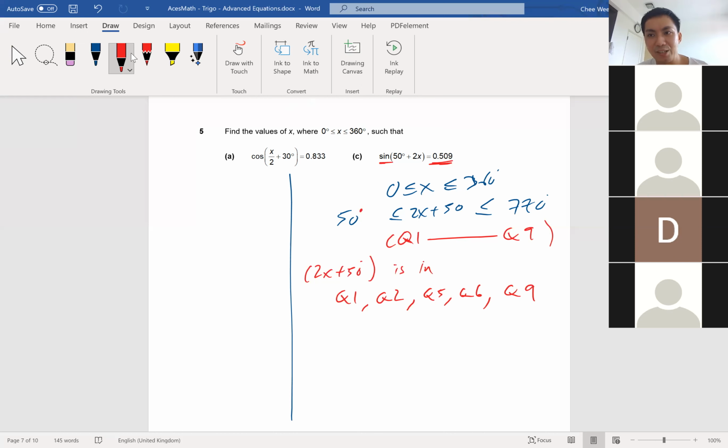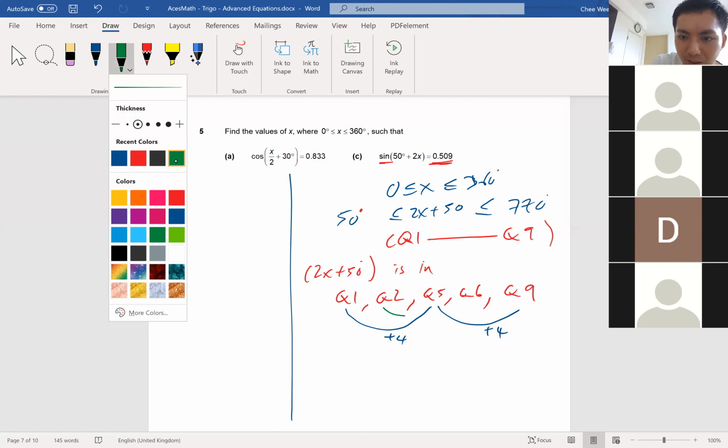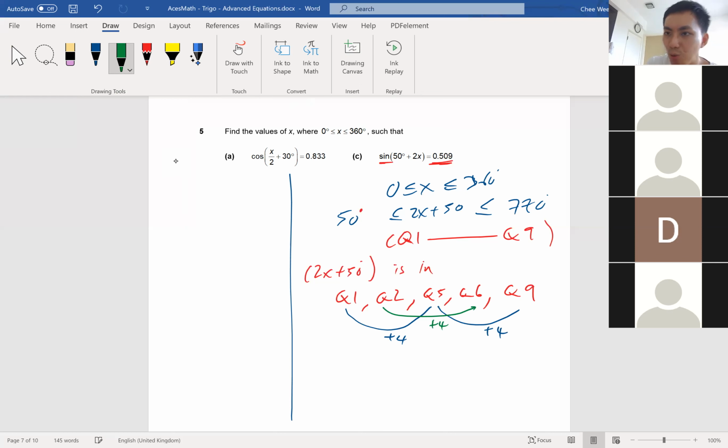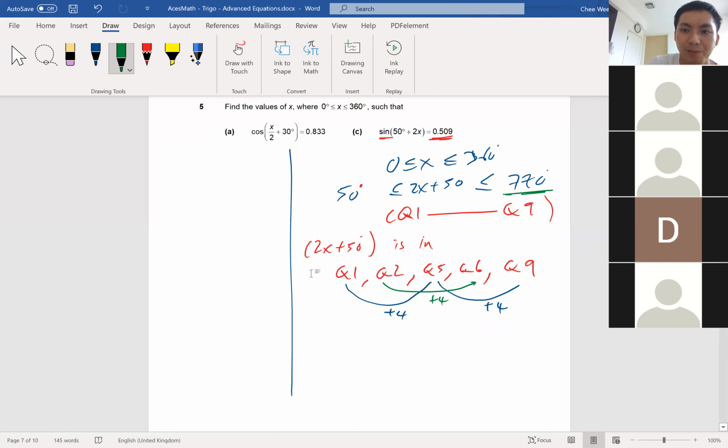Sorry. Yeah. Quadrant 8 is actually the Q4 of the second revolution, right? Yeah. Okay. So you can see that there's a linkage here, plus 4, plus 4, okay? And the linkage here would be plus 4. Get it? There is no need to go to the Q10 because it exceeds the boundary here already. All right. Okay. So there is no Q10 simply because of this limitation, that's all.